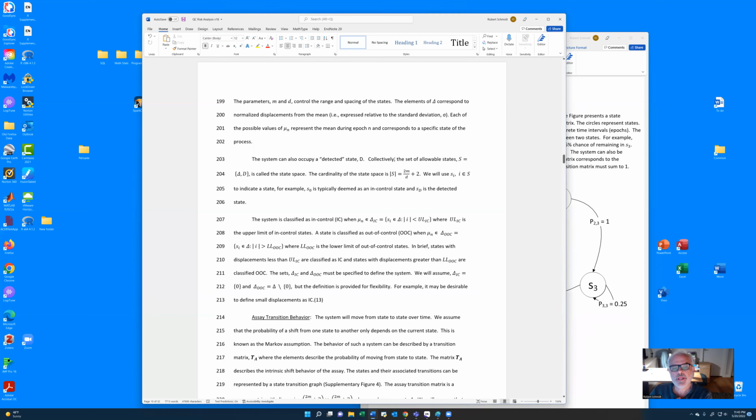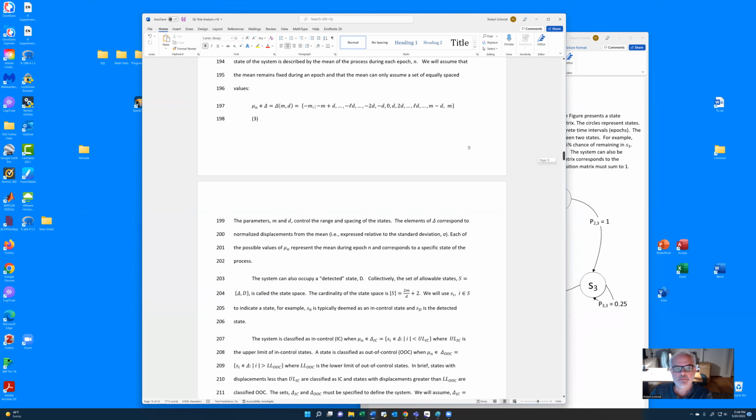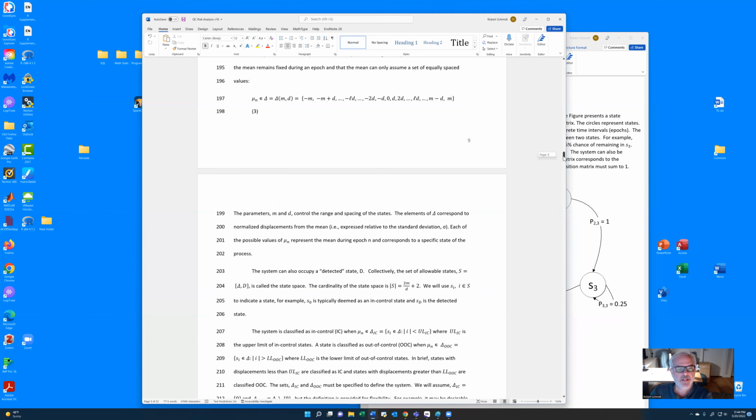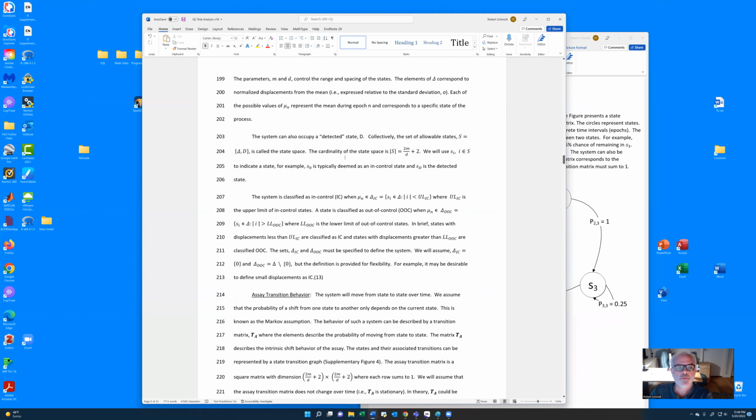Okay, so then all the allowable states is given by S. We give big S for the set that contains every state, and that's equal to delta, which is the set of all the shifts that can happen up here, plus the detected state. So it's just more than one. The total number of states in S, the cardinality of it, is just 2M divided by D plus 2.